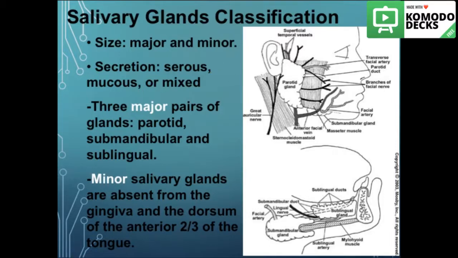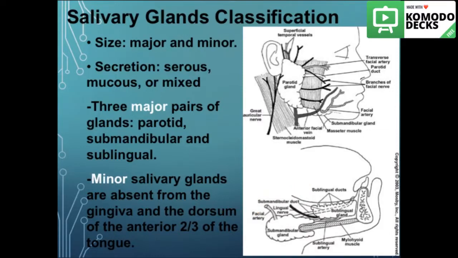Parotid means on the side of the face, so it comes on the side of the face near the ear. The submandibular beneath the mandible, and the sublingual beneath the tongue.